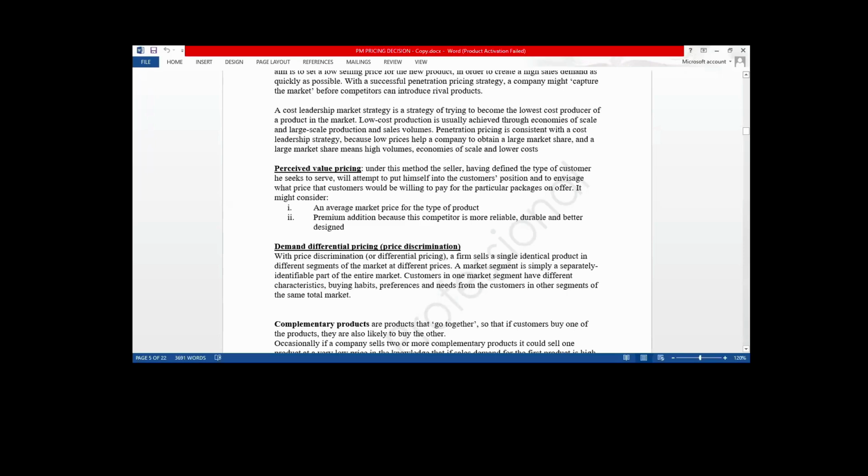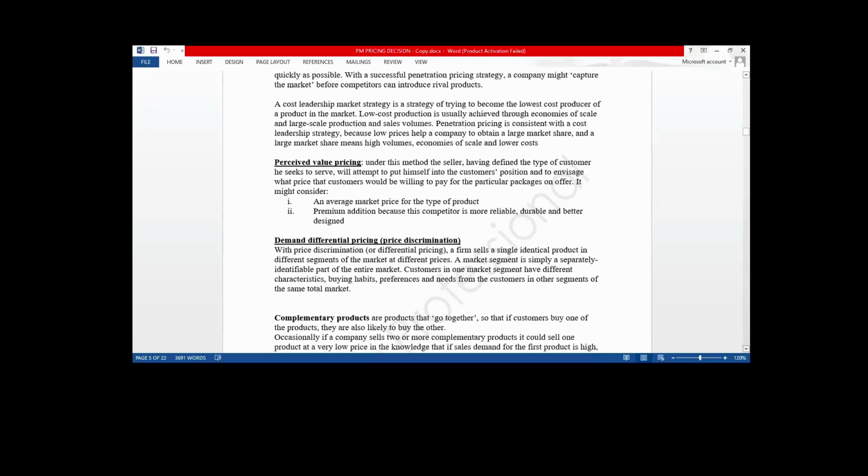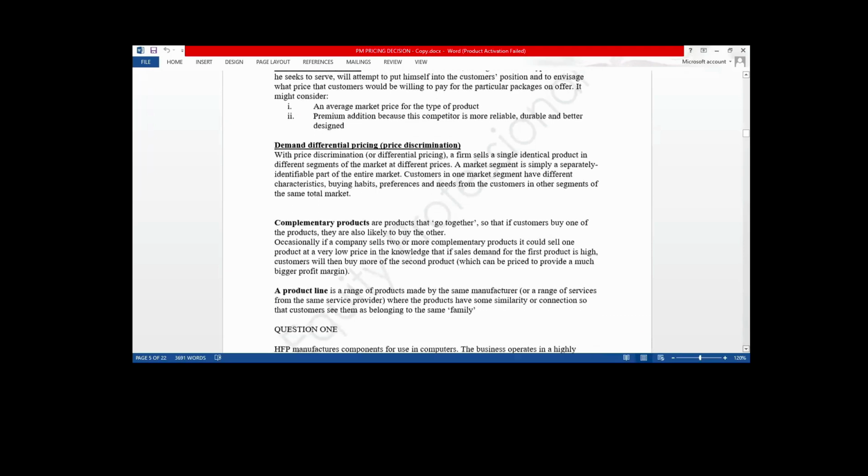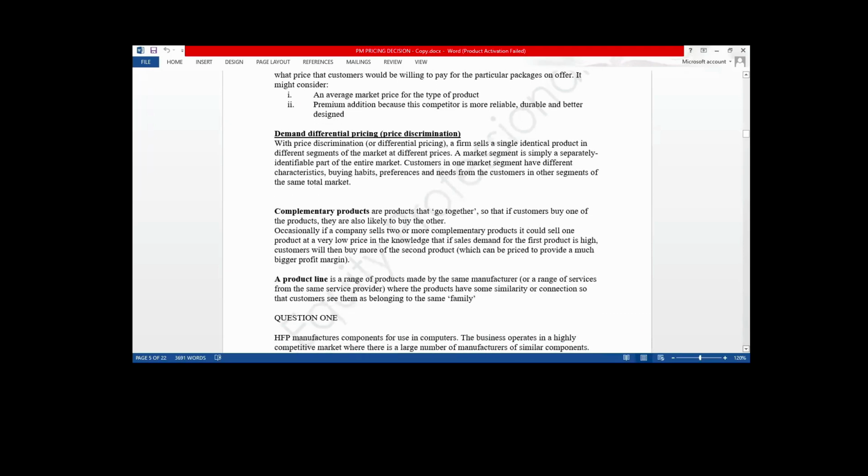Then lastly, we talk about complementary products, where two products are jointly demanded. When you have products that go together, once you demand one, you are likely to demand the other.